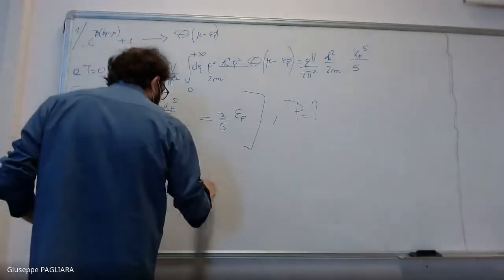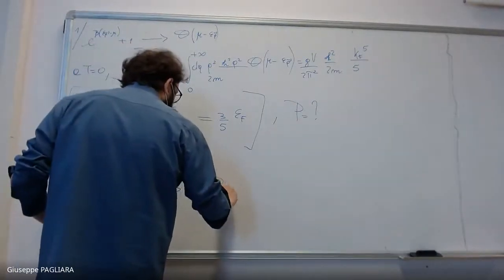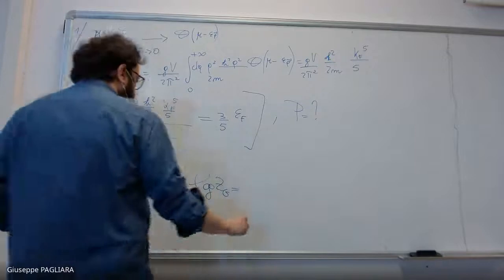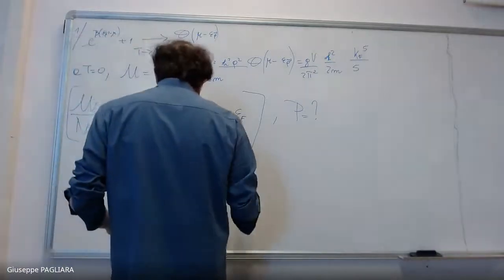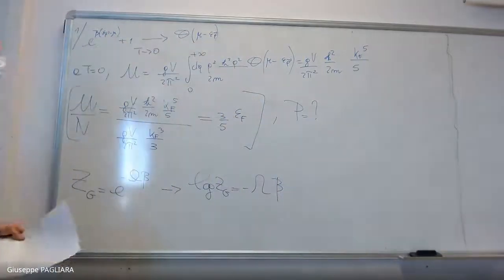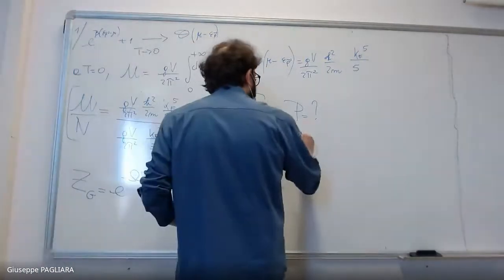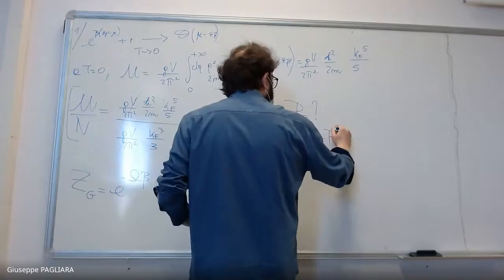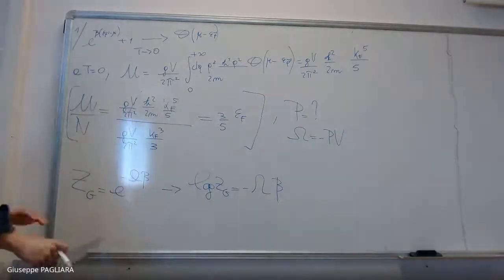Therefore, the log of Zg is minus omega beta. And what is omega? Omega is minus PV. Okay.